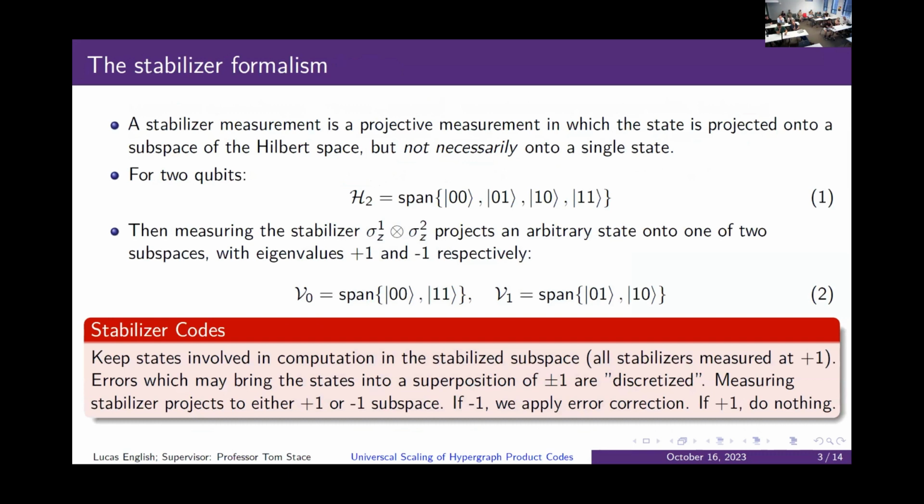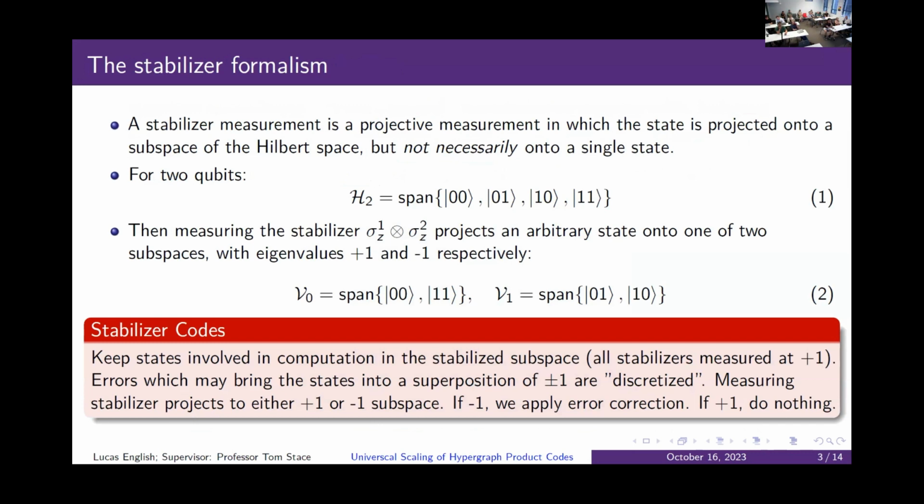Have you all heard of stabilizer formalism? No? Okay, cool. Basically, stabilizer formalism is a way to think about quantum mechanics where we have stabilizer measurements, which are projective measurements onto a subspace of your Hilbert space, but not necessarily onto a single state.